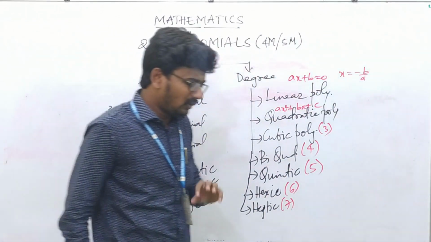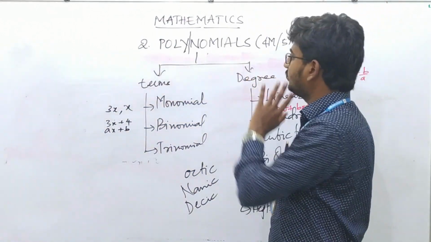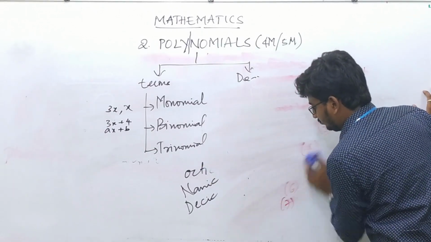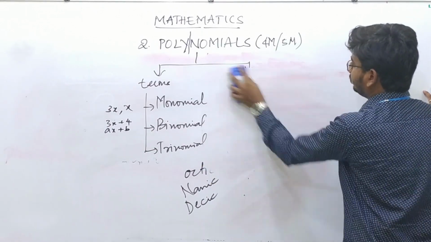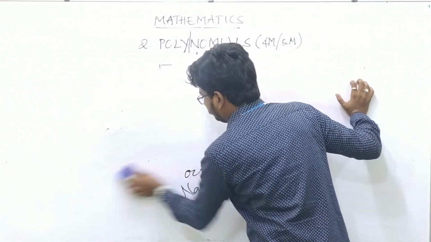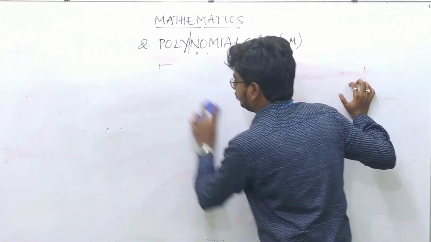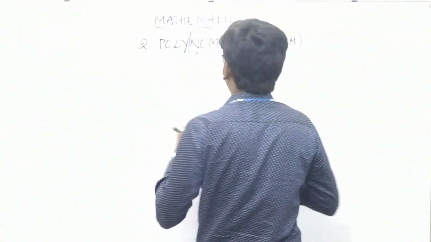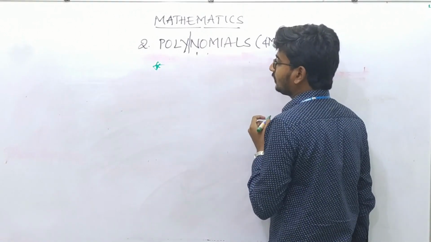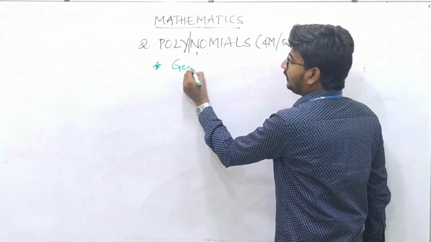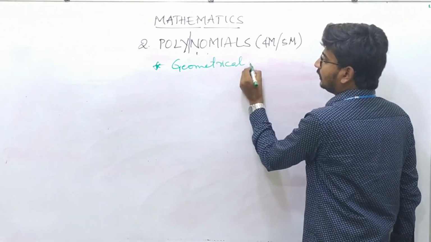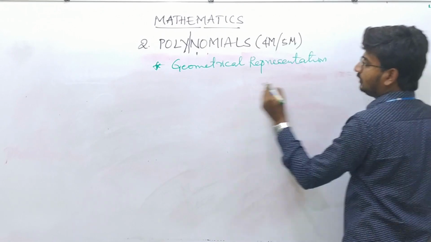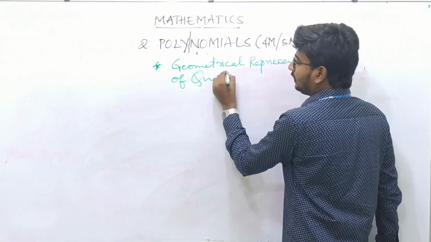Now, what are the things we are going to learn in this polynomials chapter? The topics we are going to deal with are, first, geometrical representation of quadratic polynomial.